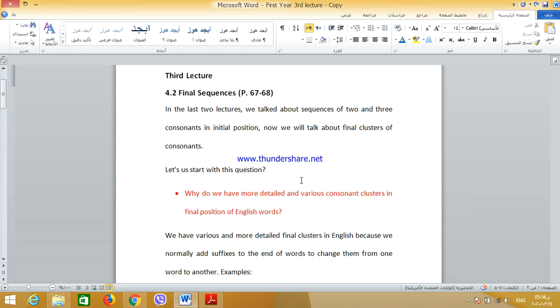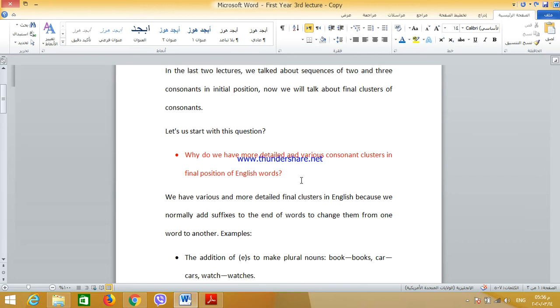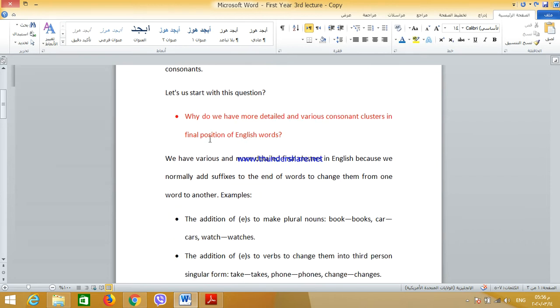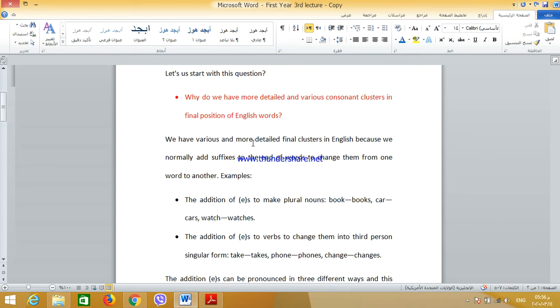So in English, we have various types of final consonant clusters, and they are actually more detailed. So let me raise this question. Why do we have more detailed and various consonant clusters in final position of English words?